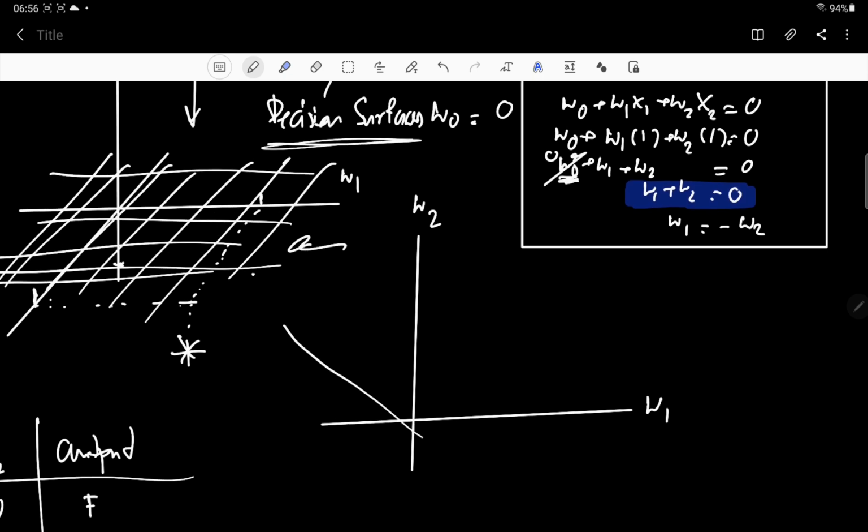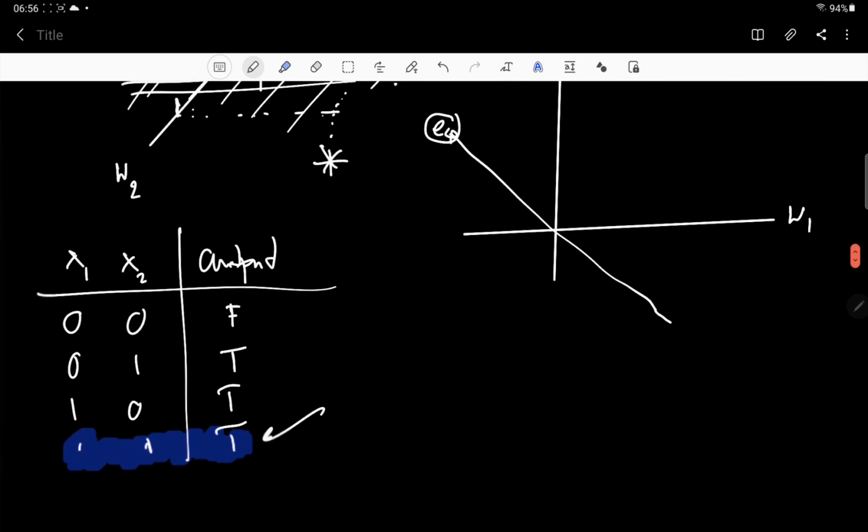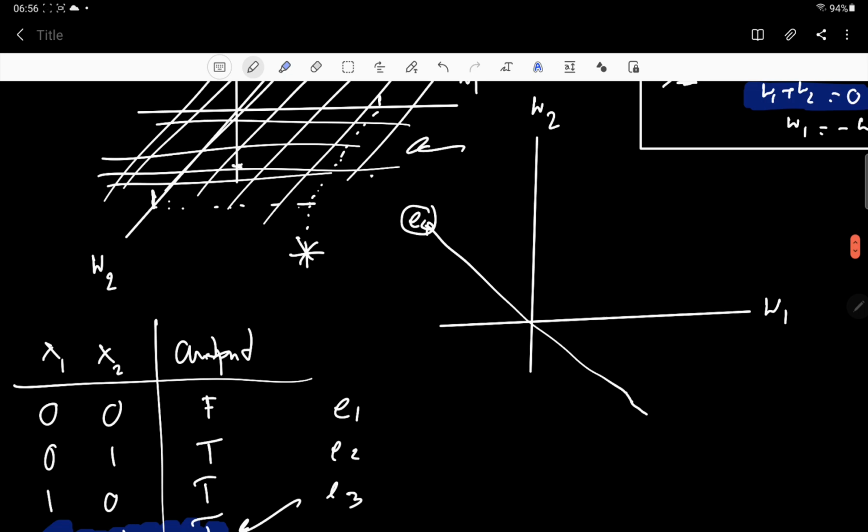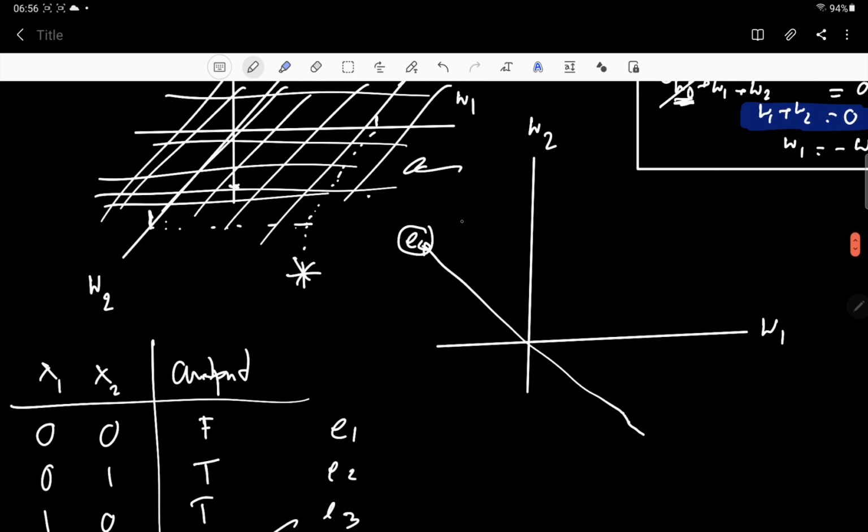This line is here, right? This line is, for this example, the last one, E4. If we define them to be E1, E2, E3, and E4, this one is E4. The line is W1 equals minus W2, right?